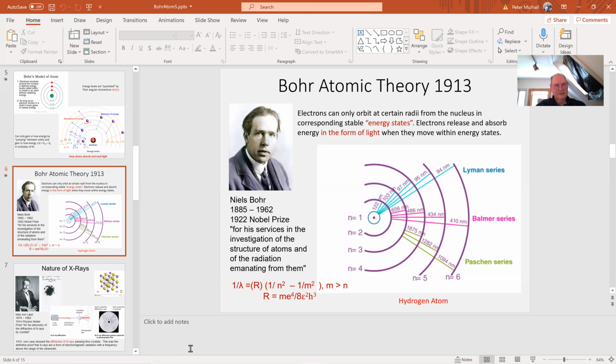And Joe Parisi asks, are there equivalents to the Balmer and Rydberg constants for elements other than hydrogen? Well, that's going to be our story. This atom, as wonderful as it is for hydrogen, does not work for anything else, not at this level of detail.